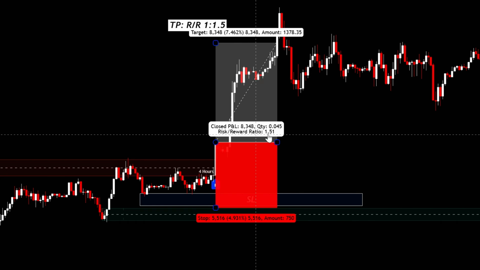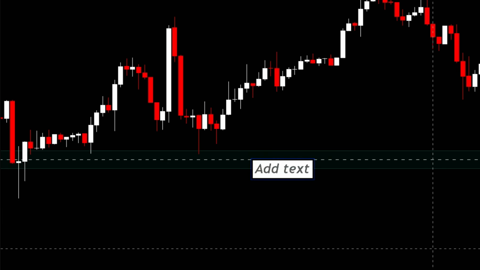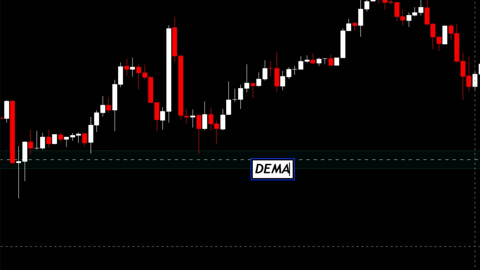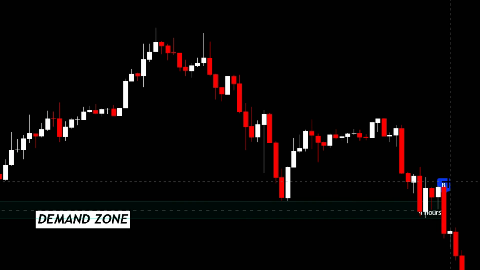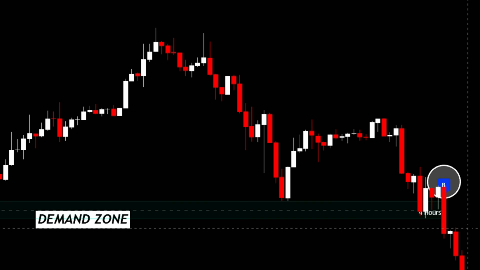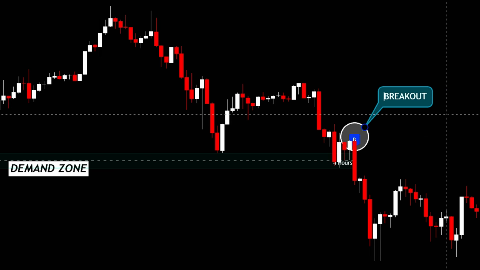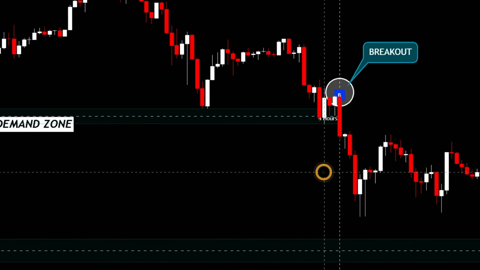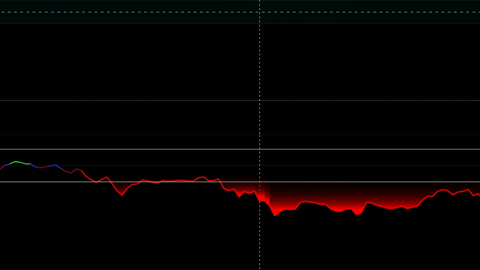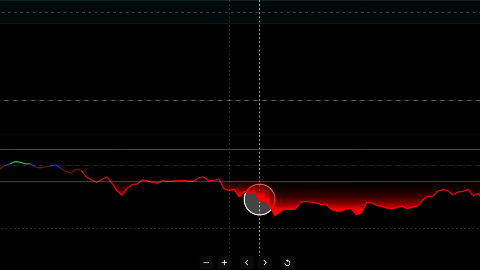Now look at the opposite example. Here's a demand zone. Price breaks below it and closes. Again, we do not enter yet. We check the oscillator. If it's below minus 200, the market is in a downtrend.